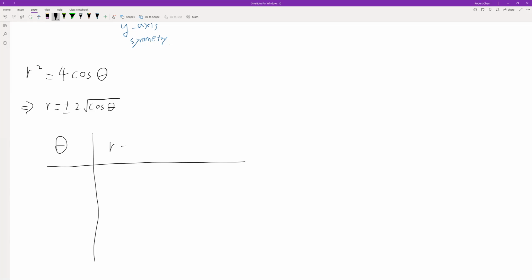And r is plus or minus 2 square root of cosine theta. Now the plus and minus part will actually give us 2 points, so let's just worry about the positive part first. We want to go from 0 to pi over 2.